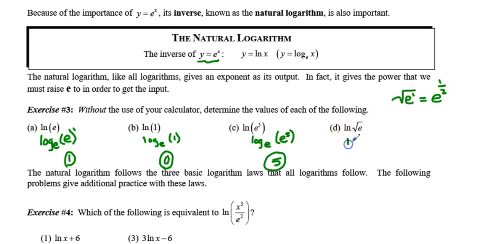So natural log is log base e of e to the 1/2 power. e raised to the 1/2 gives me e to the 1/2, so 1/2. In other words, e and the natural log are inverses, so they undo each other, and I just simply get the exponent. This is a great example in part C. It's probably the most clear one.